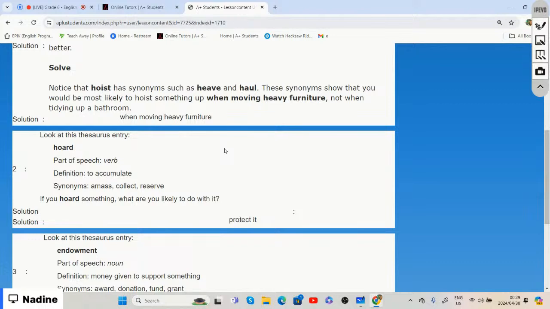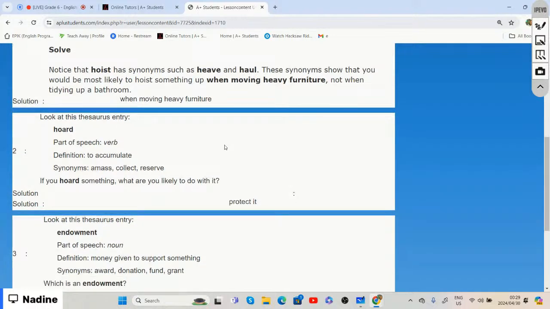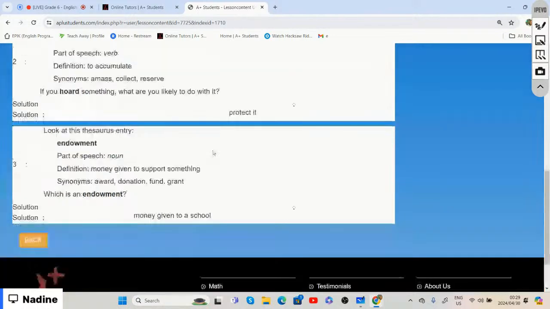All right, let's do the last one. It says endowment.